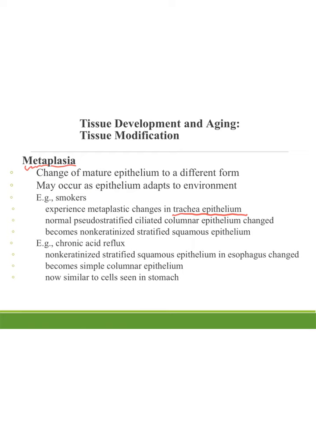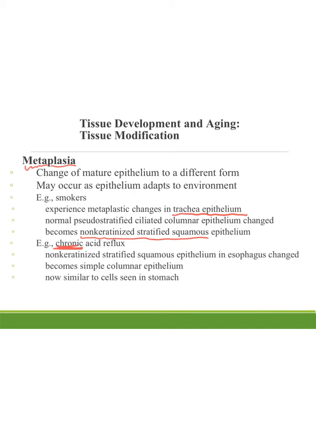So over time, they're going to want to thicken up that tissue to be more protective. So it's going to become what we call non-keratinized stratified squamous. That's the same type that would be found in your esophagus and your mouth. People that have chronic acid reflux, so chronic means long term, typically you're talking about 2+ weeks.